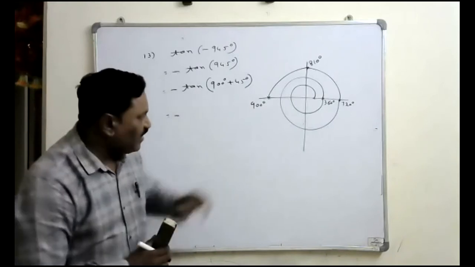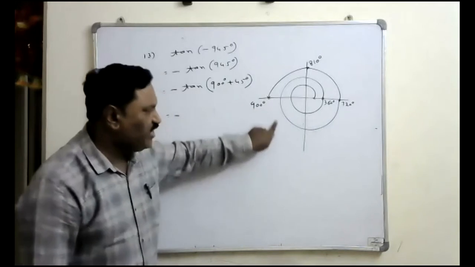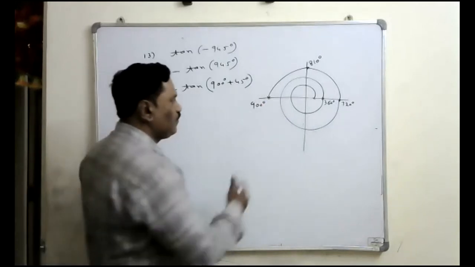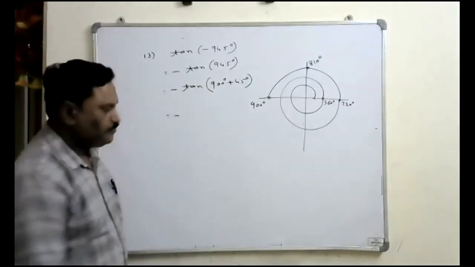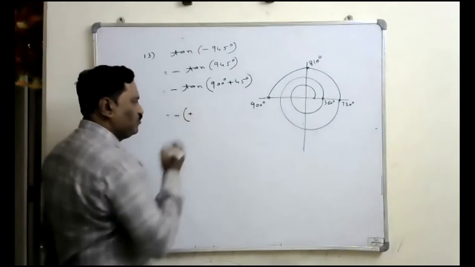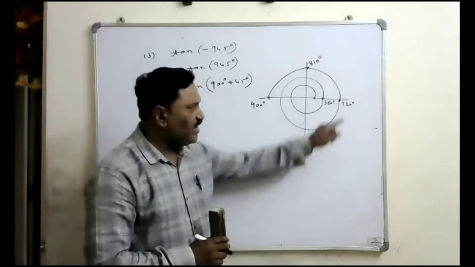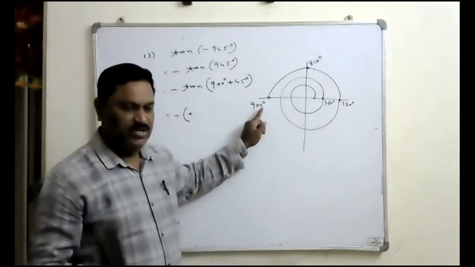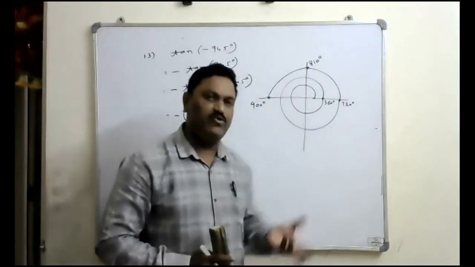So exactly 900 degree lies on the negative x-axis. 900 plus means which quadrant does it lie in? Third quadrant. In the third quadrant, tan is positive. When the quadrant angle lies on the x-axis, the function is not going to change. When the quadrant angle lies on the y-axis, the function is going to change.